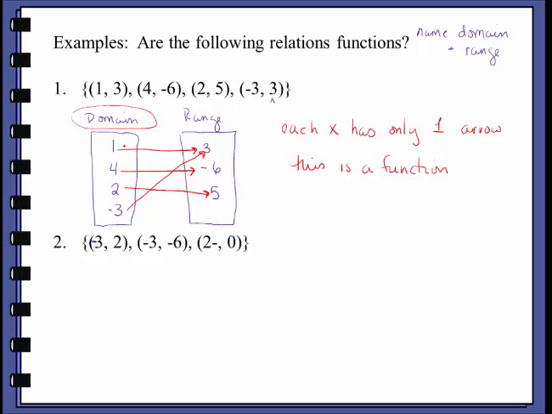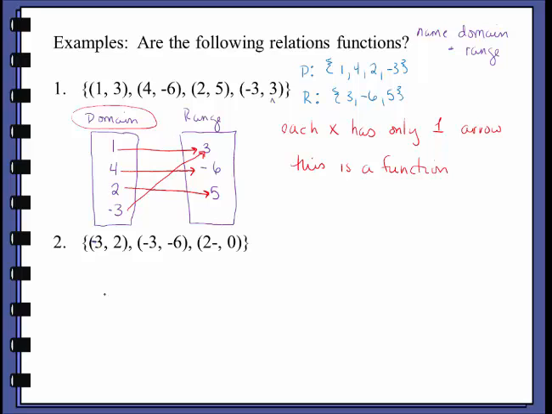Okay, and here's my domain. If we were going to name that officially, we would list our domain elements in a set. I have 1, 4, 2, and -3. And we would list our range elements. I have 3, -6, and 5.